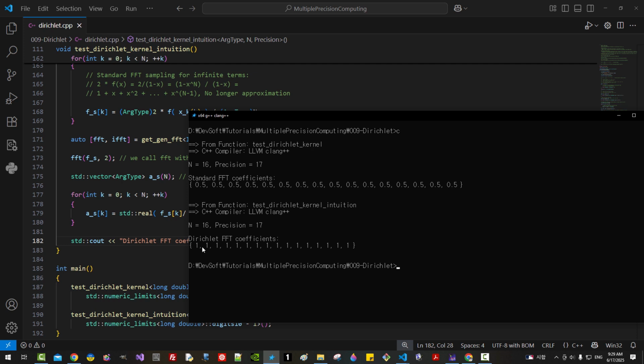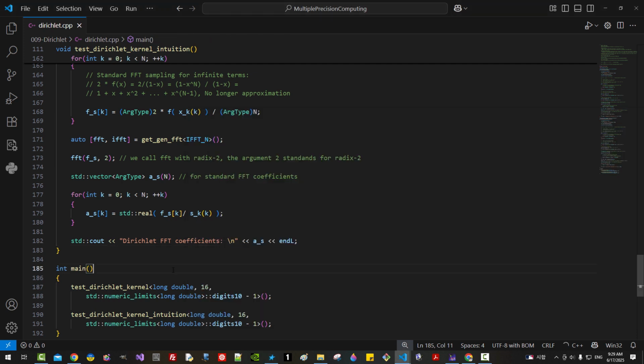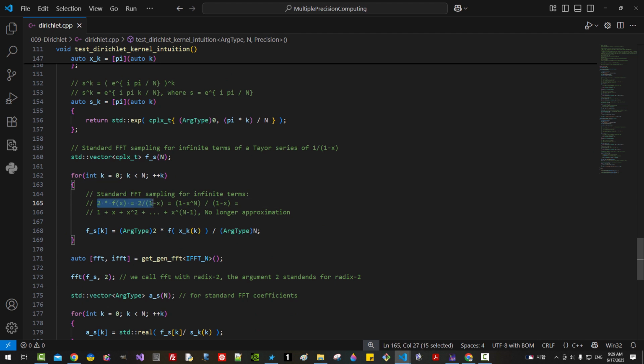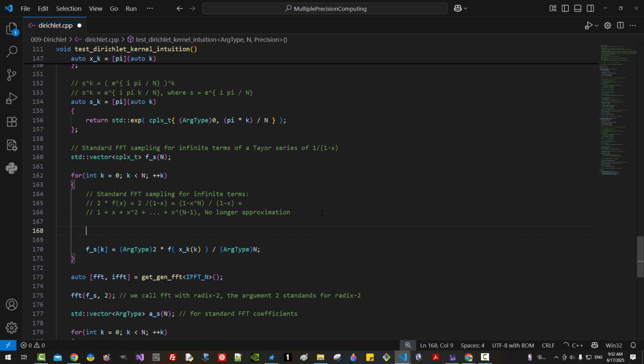CLS-C. So, all 1. Here, why do we need factor 2? Then, how come this 2 is equivalent to this? My question is, how come 2 is equivalent to 1 minus x to the nth power?